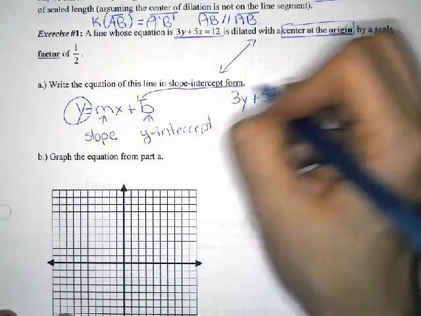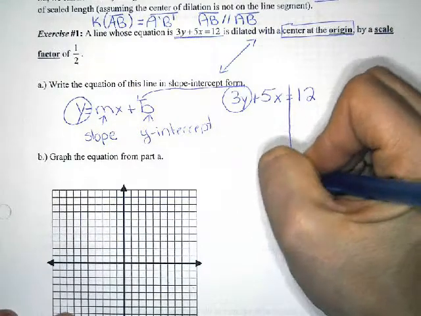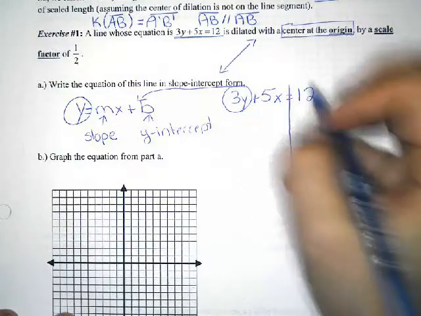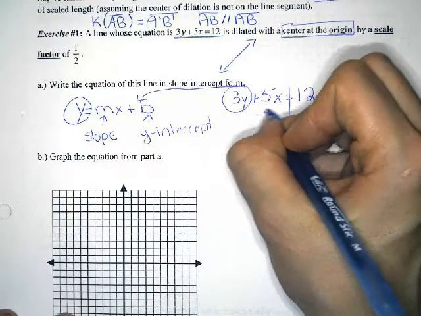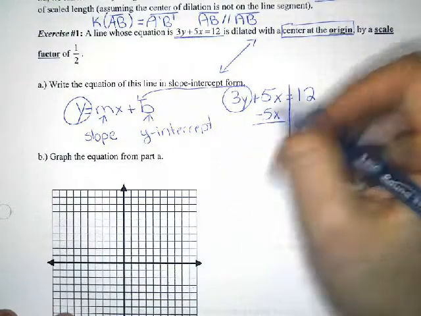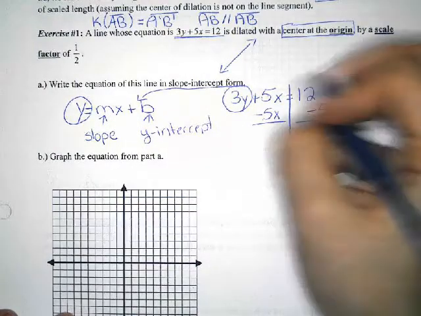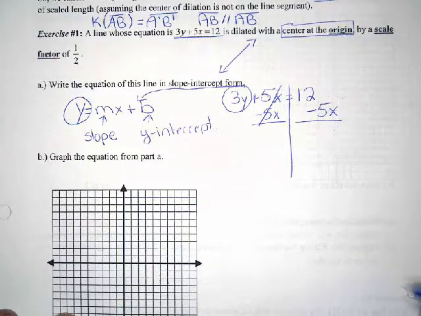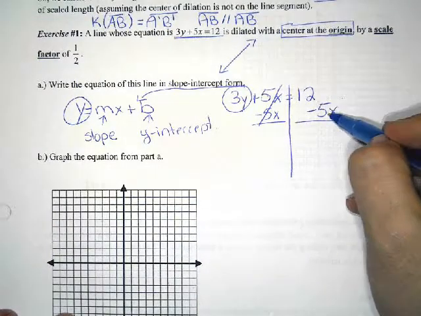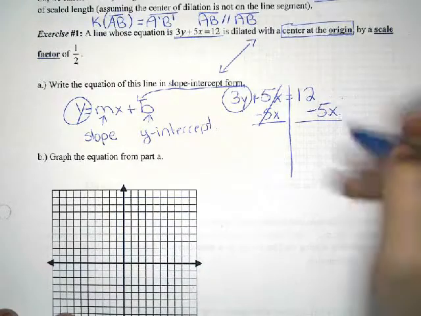I'm going to keep the y on the left-hand side and move everything else over to the right. So I'm going to do that by subtracting 5x. Positive with a negative will cancel. And subtracting 5x on the right. Please don't make the mistake that you cannot really subtract these. 12 minus 5x is not 7x.